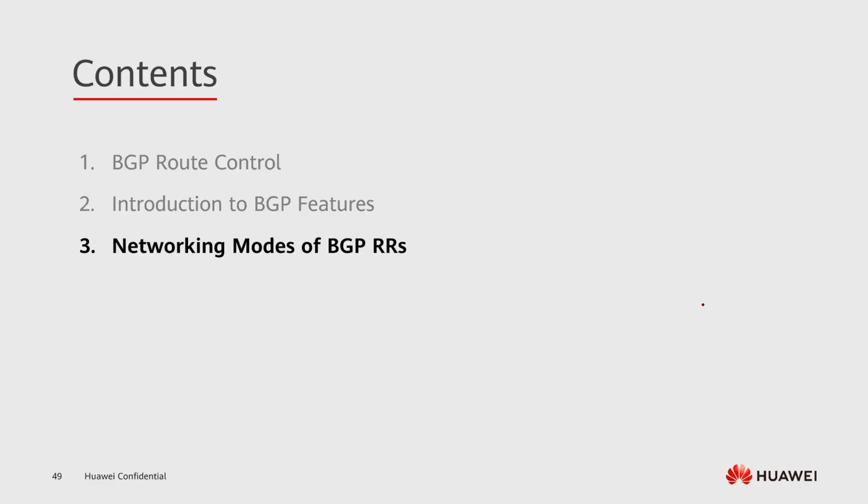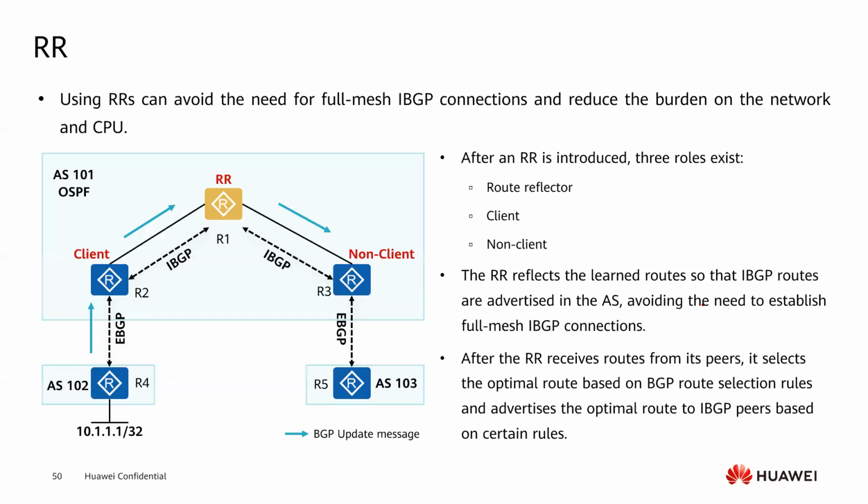Okay, and the final part is about the networking mode of BGP RR. RR is the route reflector. I think you have just learned it before in the BGP technology details, and we just review some basics about the RR.